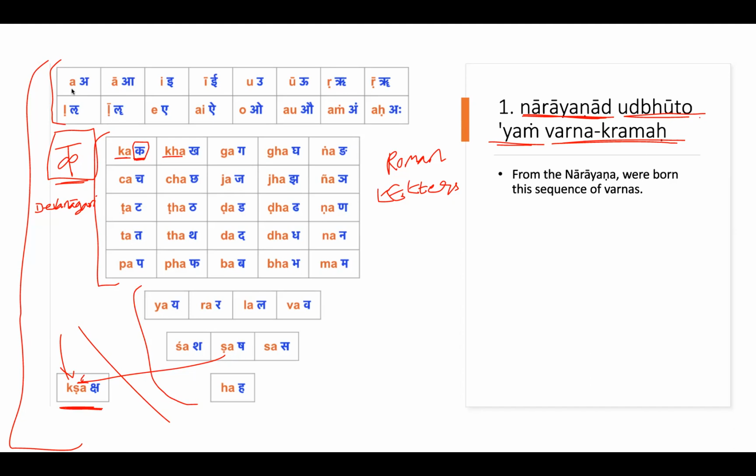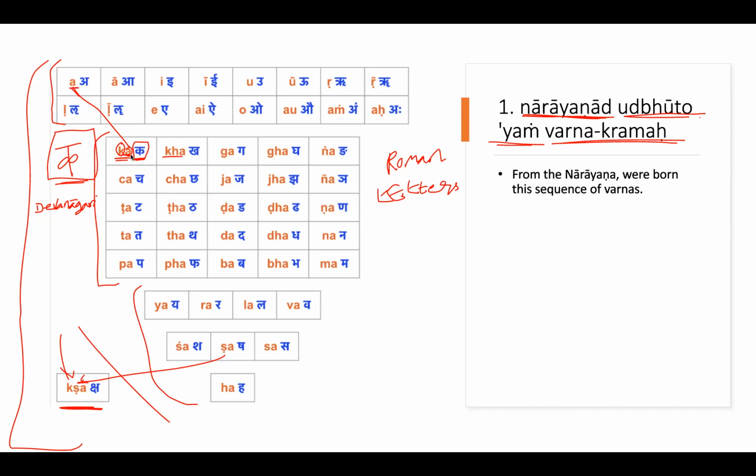So here, vowel, what does a vowel mean? When you are pronouncing, you don't obstruct the flow of air in your mouth. That is a vowel. There is no obstruction. But here, this is actually coming from here. You say there are two letters. There is Ka, there is A. That is coming from here.